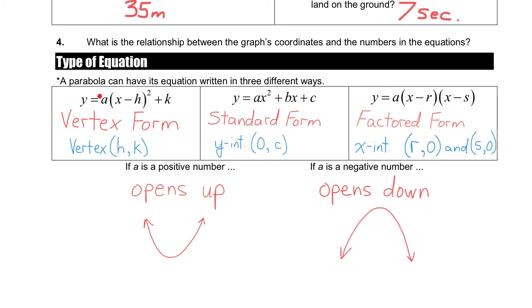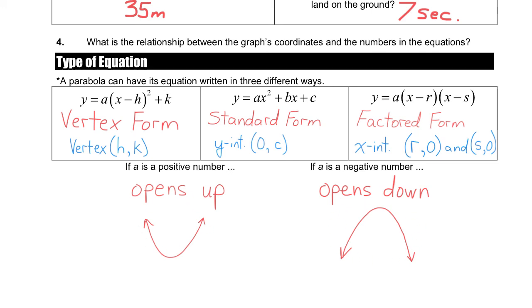So it doesn't matter which way the equation's written, it will tell you some pieces of information about the graph. And if you know all 3 forms of the equation for a given parabola, you can figure out the vertex, the y-intercept, and the x-intercepts, and you can also figure out which direction the graph opens, either up or down.